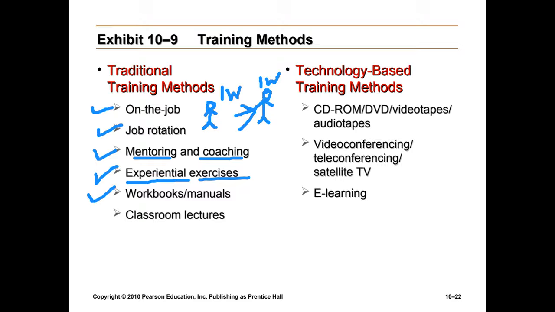Then there are workbooks and manuals. If you happen to go into a job, inshallah, you'll find that you'll be given lots of workbooks and manuals on the day of recruitment and on your first orientation. They might ask you to go through these workbooks or manuals.